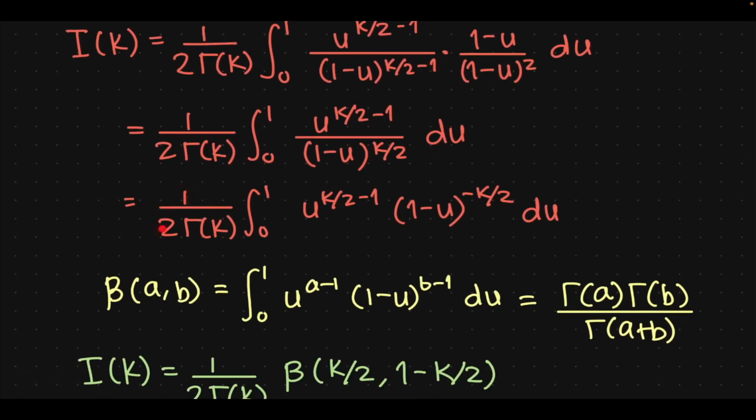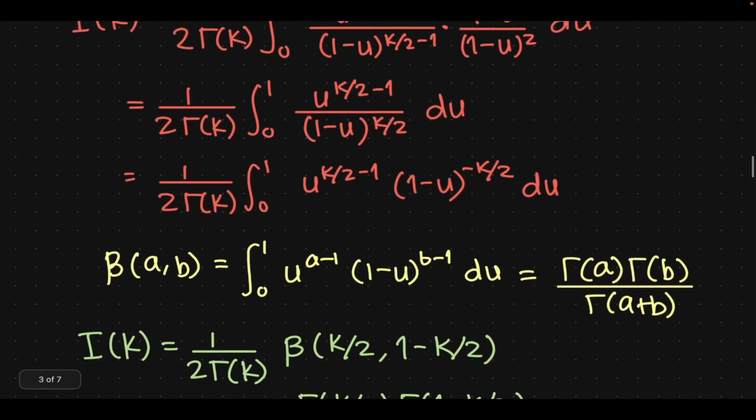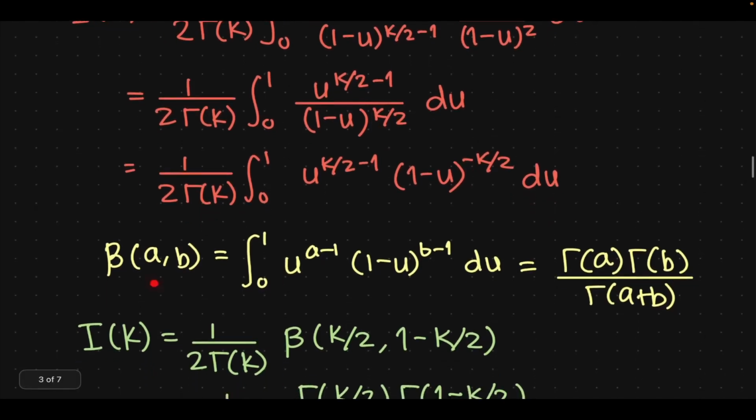So I of k is equal to 1 over 2 times gamma of k times the integral from 0 to 1 of u to the k over 2 minus 1 times 1 minus u to the negative k over 2 du. I'm just bringing this denominator into the numerator, so we get a negative power. Now notice that this fits closely with one of the main integral representations of the beta function.